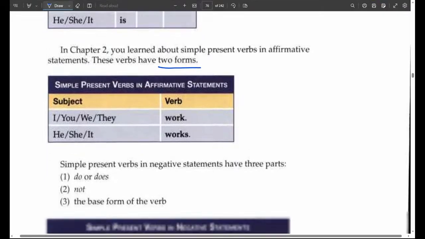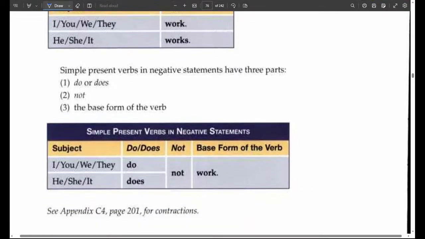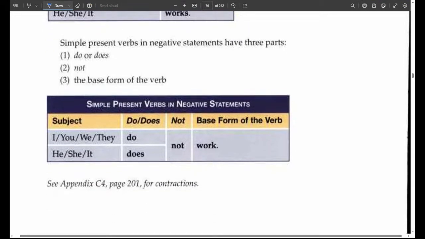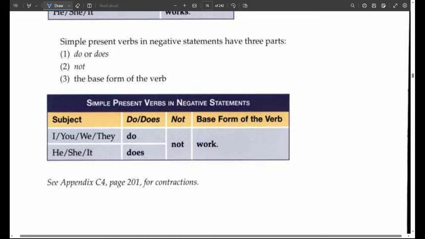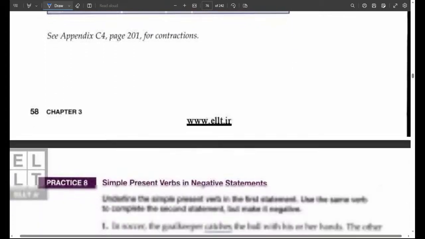These simple present verbs will have three parts. How? Subject, do, does, not, base form of the verb. I, you, we, they do not work. He, she, it does not work. So this is how it works.